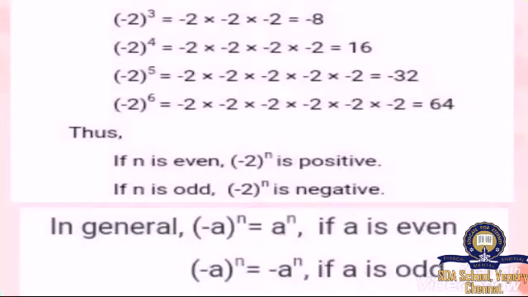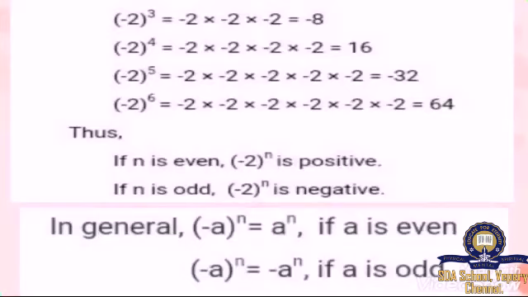I think you are able to understand the difference between these two: one power is odd and the other is even. Thus, if n is even, then minus 2 raised to the power n is positive. If n is odd, then minus 2 raised to the power n is negative.